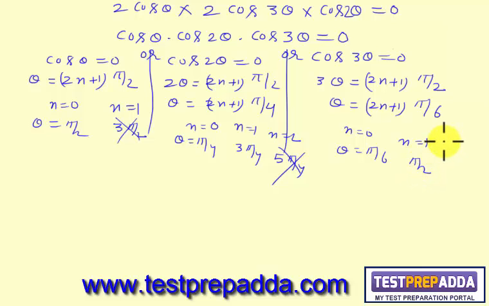Okay, when n is 2, then theta comes as 5 pi by 6. And when n is equal to 3, theta comes as 7 pi by 6, which will not be included.